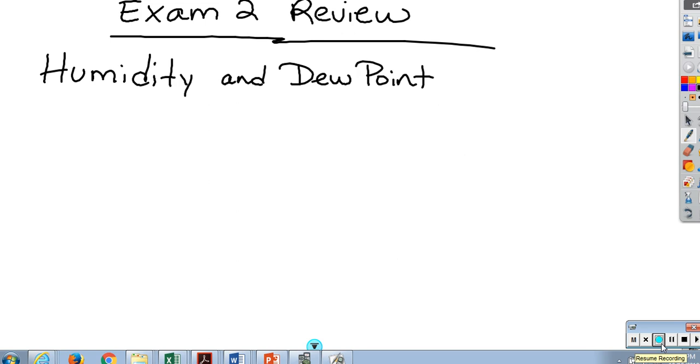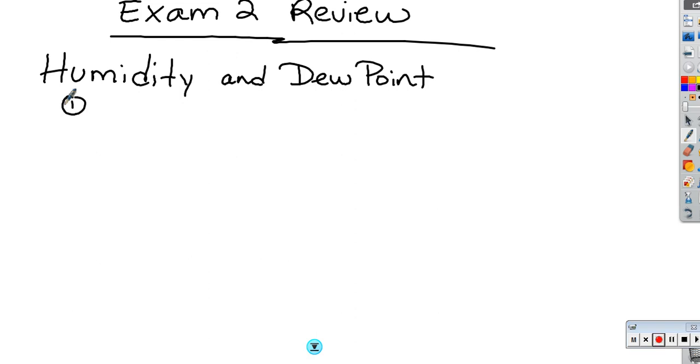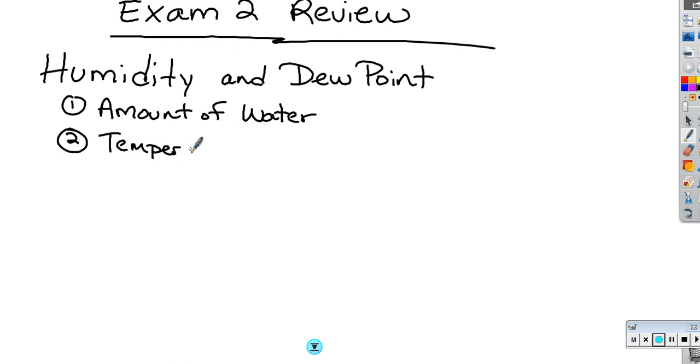So humidity is a measure of the amount of moisture in the air that air is able to hold. And we know that humidity depends on two things: the amount of water in the air, and also the air temperature. So it's clear that the humidity will increase the more water you put into the atmosphere.